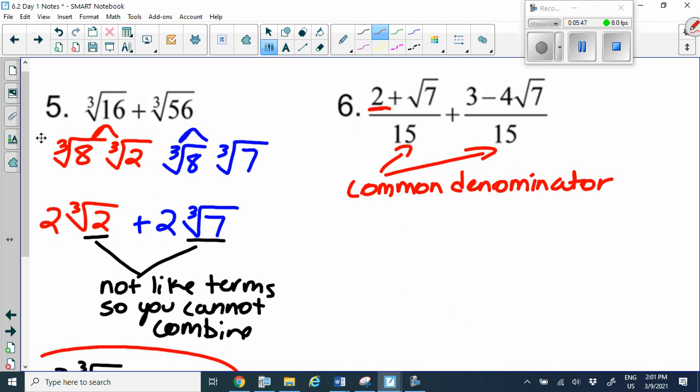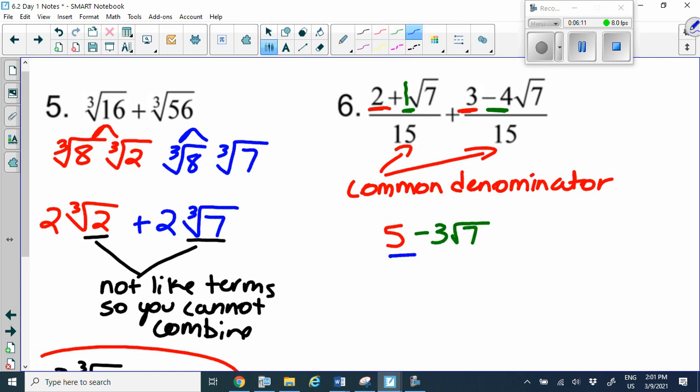Now, my 2 and my 3, I'm going to combine because they are like terms. So I do 2 plus 3. That gives me 5. And then, with that square root of 7, because it has the same radical and same number, there's going to be a 1 in front of the square root of 7, and then I subtract it with a 4. So 1 minus 4 gives me negative 3 square root of 7.